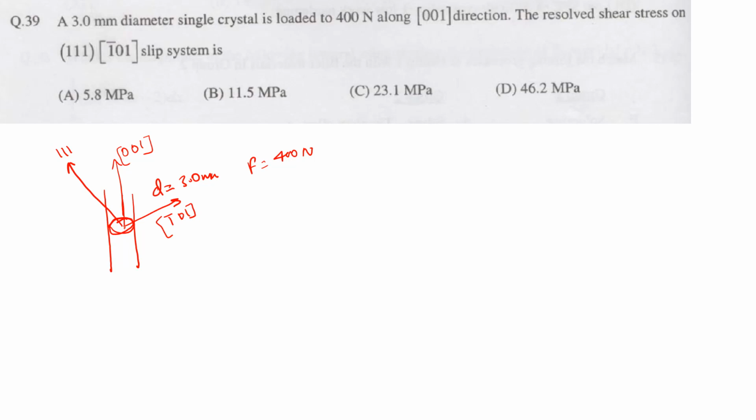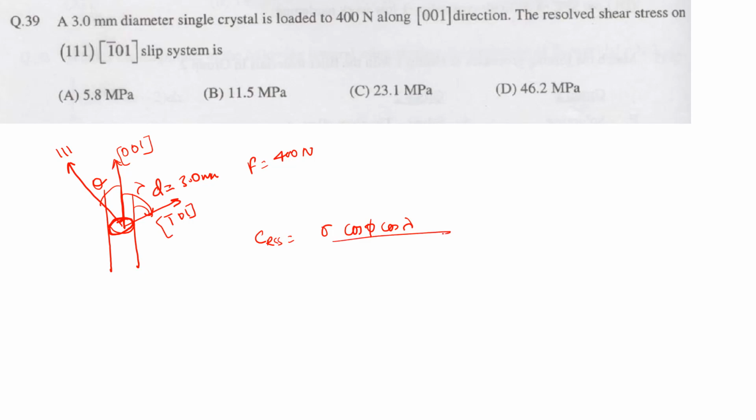So resolved shear stress means the component of this stress on this direction, right? Basically, if you see the formula, then CRSS equals sigma times cos theta cos lambda, right? So we assume theta over here, then lambda over here.